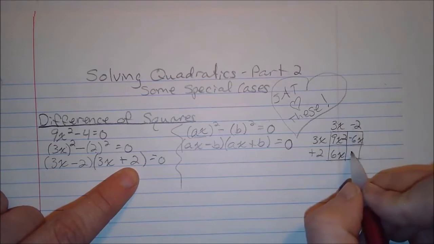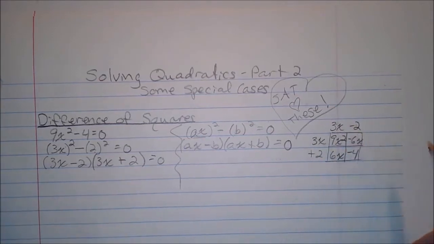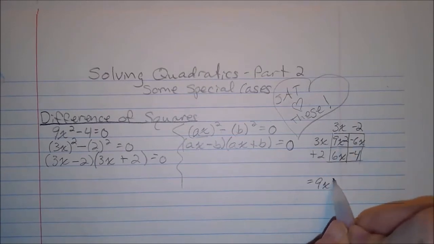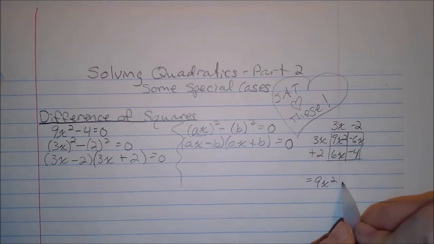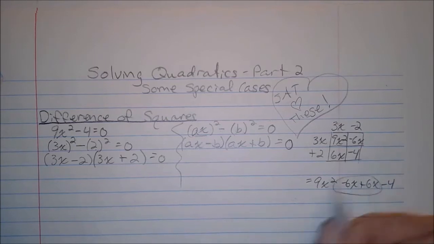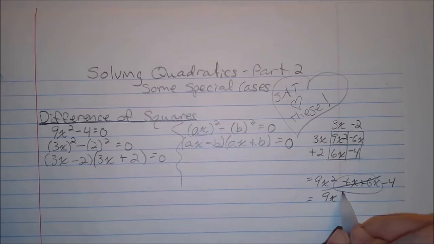And 2 times negative 2 is negative 4. Then when you combine all that together, you end up with 9x squared minus 6x plus 6x minus 4. And these like terms cancel each other out. So you're left with 9x squared minus 4.